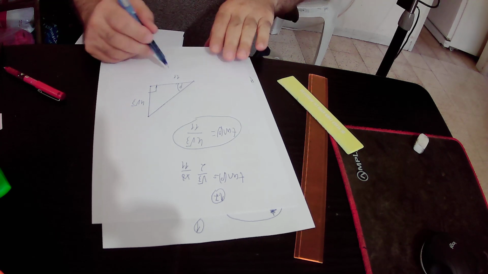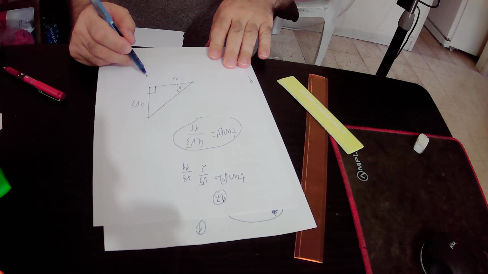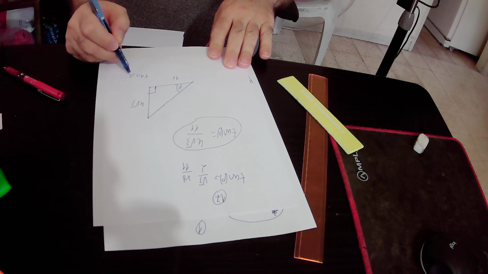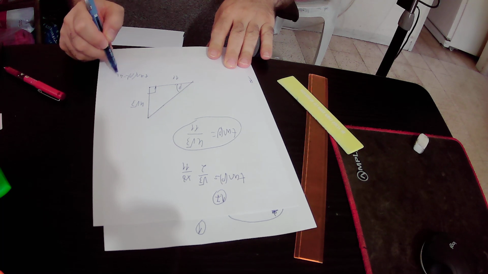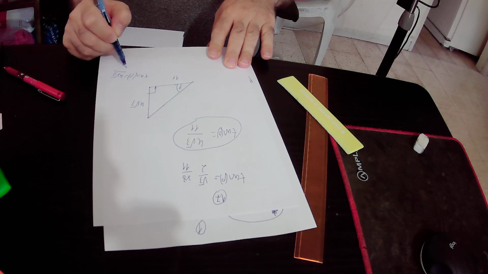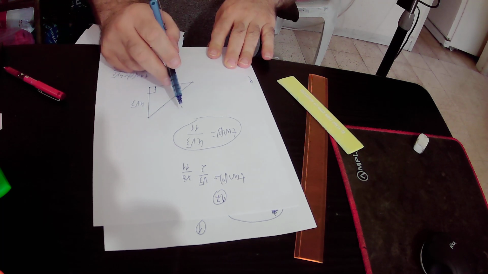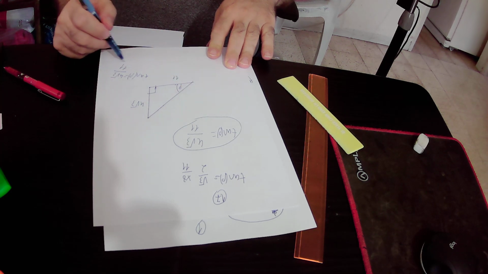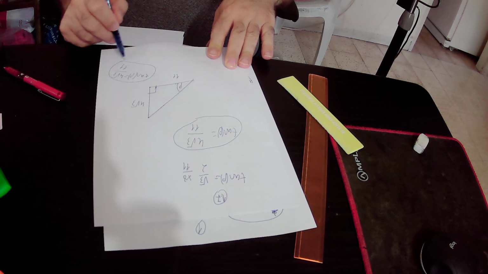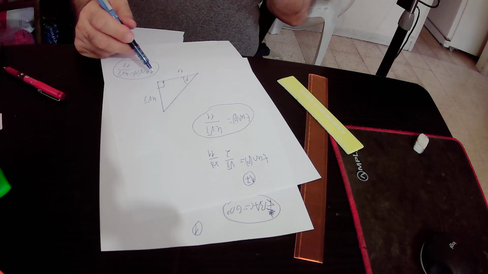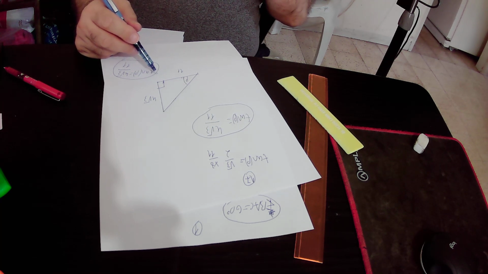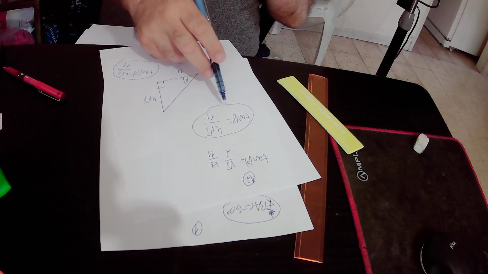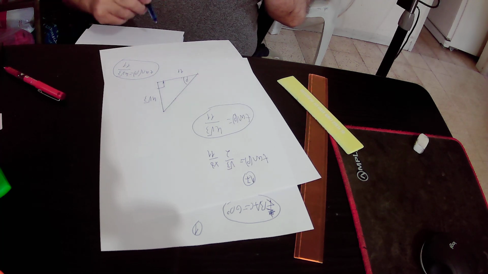Okay, here in this triangle, tangent P equals 4 times root 3 over 11, exactly the equality that we have. So this triangle correctly expresses this equality.